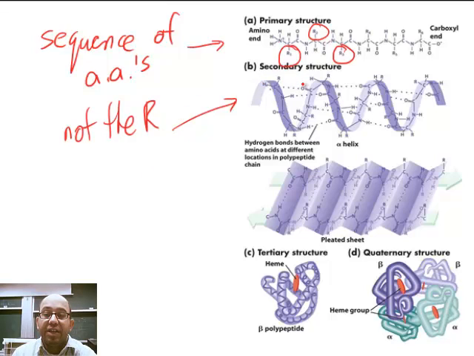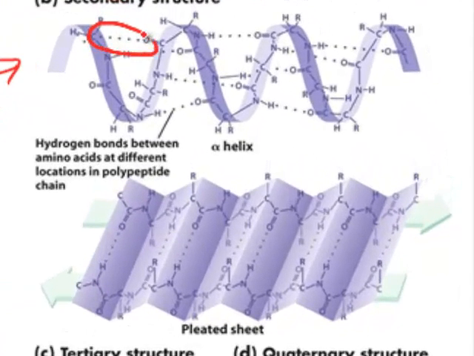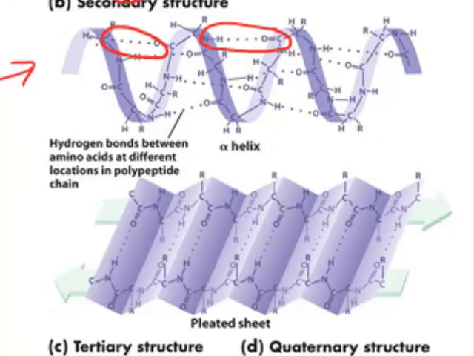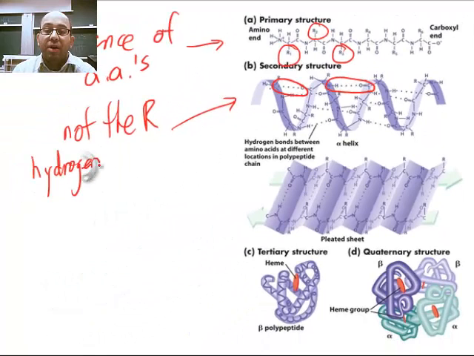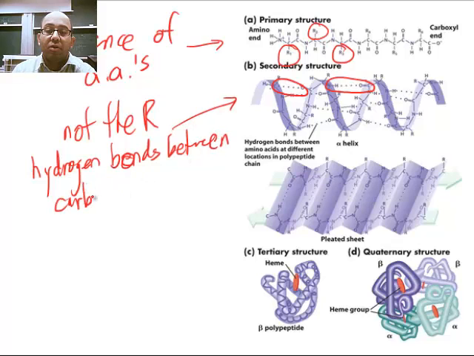And you see the part that I'm circling here, those are the hydrogen bonds between the carboxyl group and the amine group that are found in the backbone of the polypeptide.